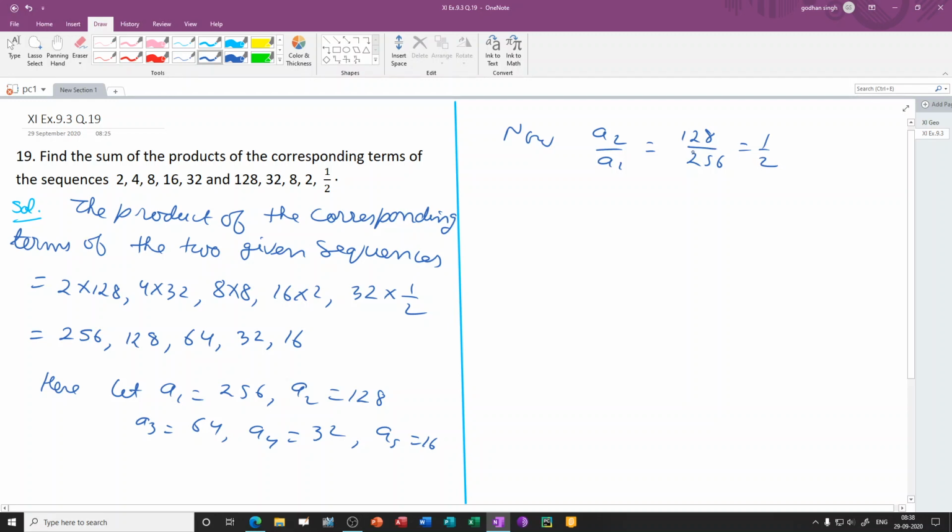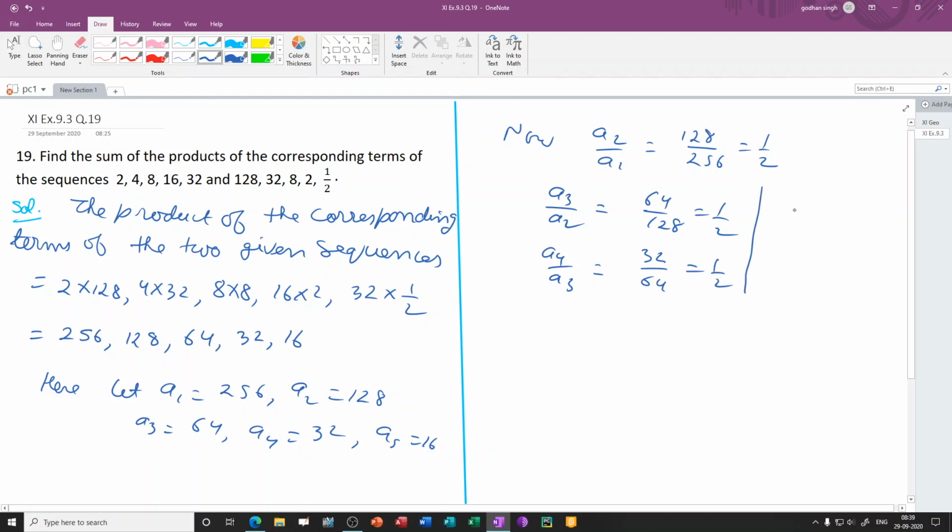See, in mathematics, we cannot say that from seeing the sequence we can tell that it is a GP. We have to prove that it is a GP. So A2 by A1 is 1 by 2, then A3 by A2 is 64 by 128, so that is also 1 by 2. Then A4 by A3 is 32 by 64, that is also 1 by 2.